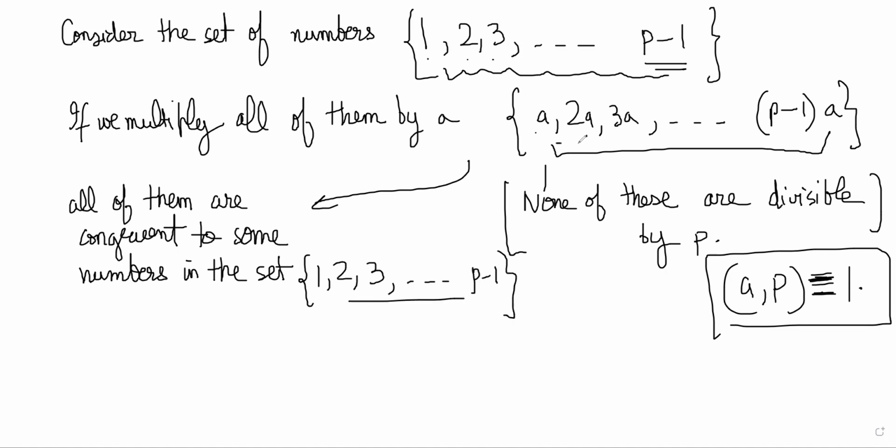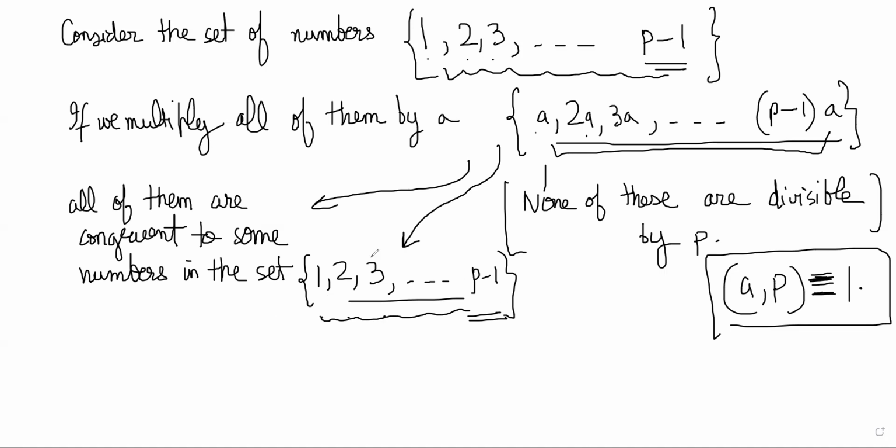Since all these numbers are not divisible by P, they must be falling into one of these residue classes, right? They must be congruent to some of the numbers here.